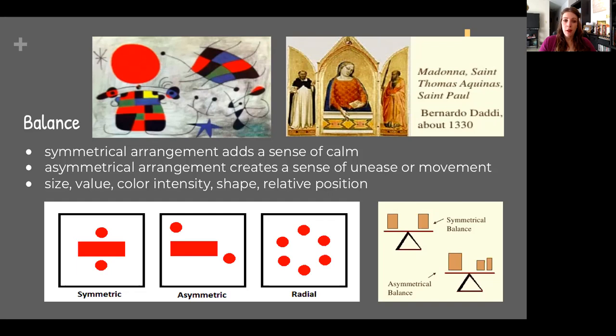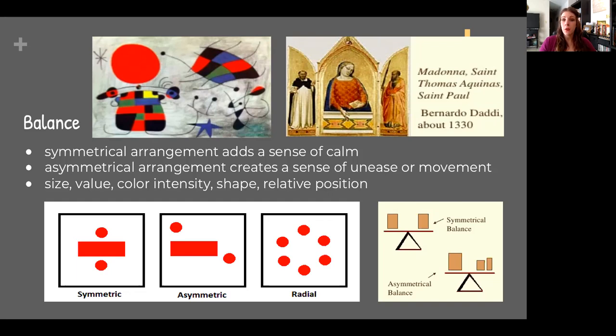All right, the next thing you want to think about is balance. So we have talked about symmetrical versus asymmetrical. Symmetrical things make the viewer feel calm. Asymmetrical will create a feeling of movement. So that picture on the left with the abstract shapes at the top, that one is an example of asymmetrical. So it should look like there's a little bit of movement, or you should feel a little bit uneasy looking at it.